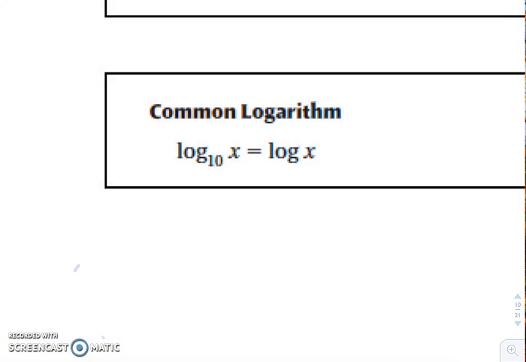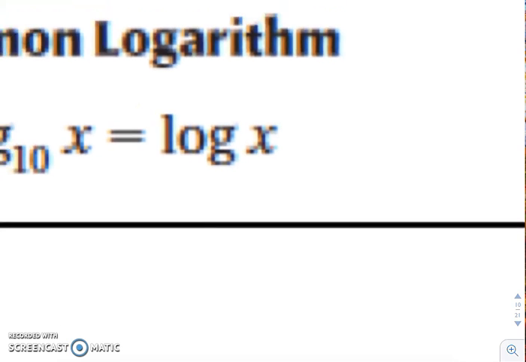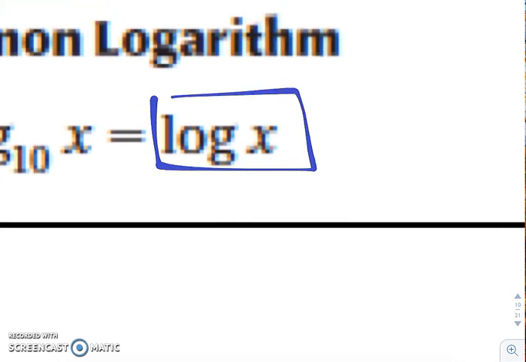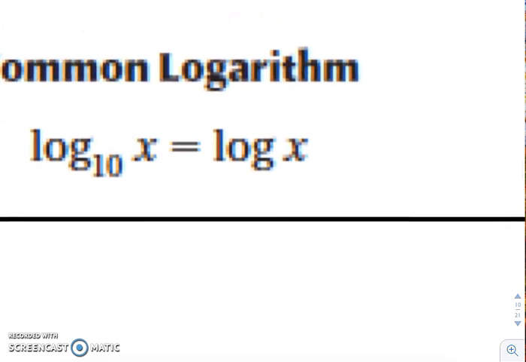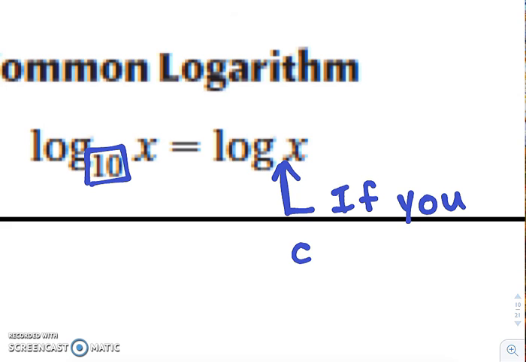We work in place values of 10. And so if you see a log like this one here, that's just log x, you guys have to know that it is a base 10.